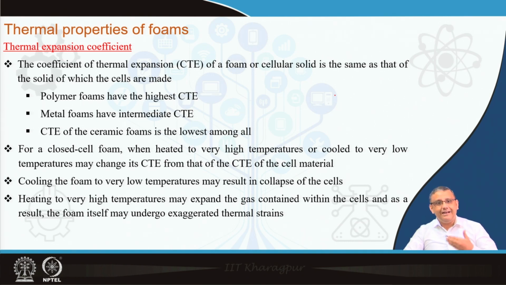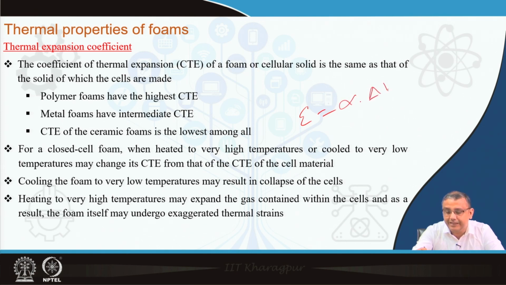And this again renders the ceramic foams very much protective against thermal shock, because we will see afterward that thermal shock is a function of the expansion coefficient. The thermal strain, epsilon, is nothing but alpha times delta T, where delta T is the temperature difference and alpha is the expansion coefficient.